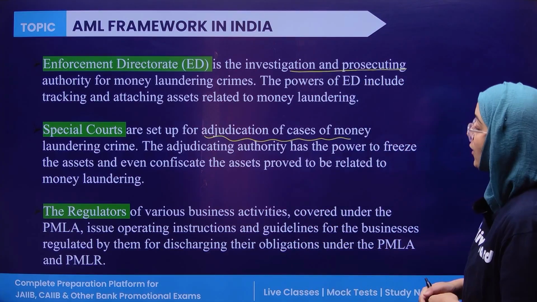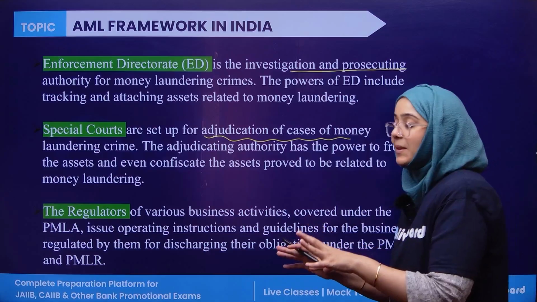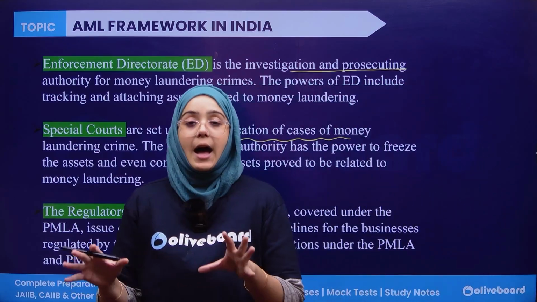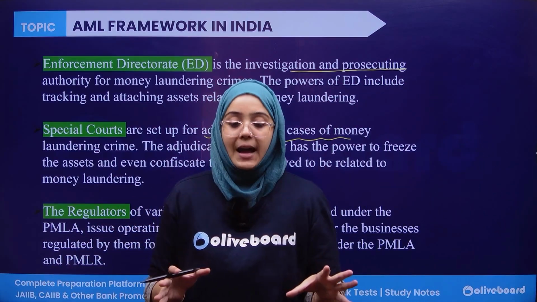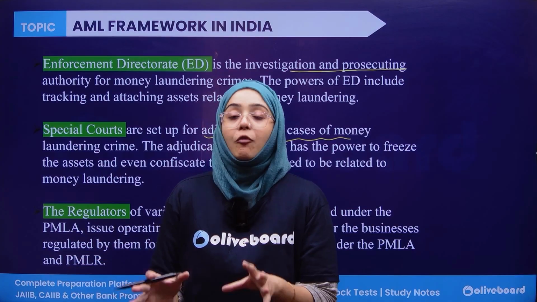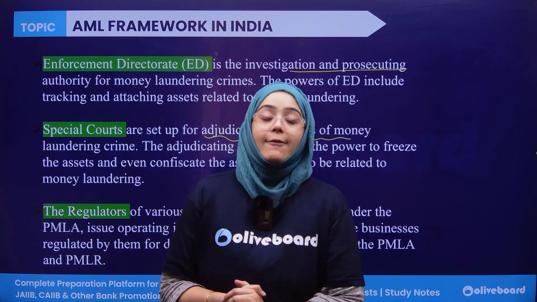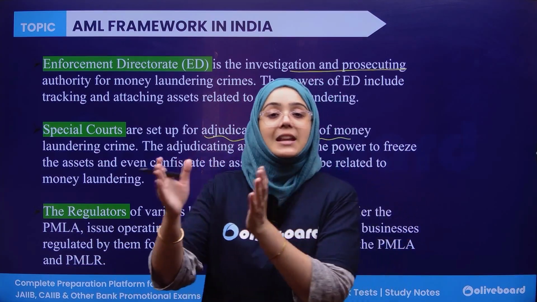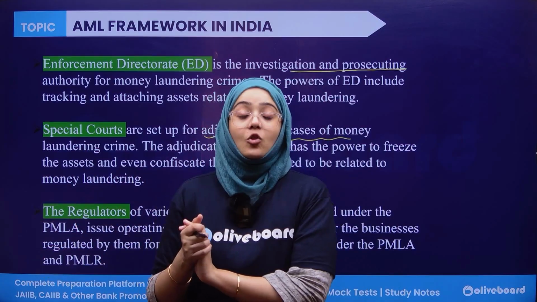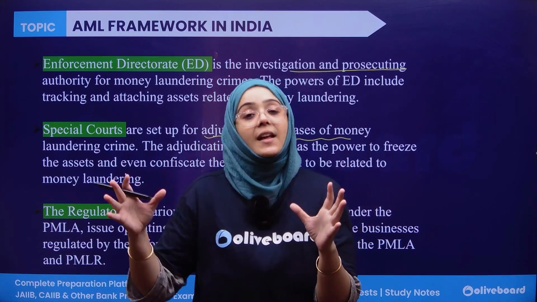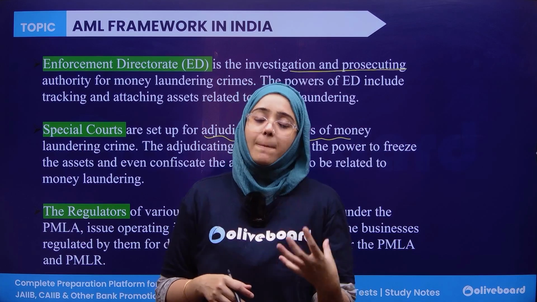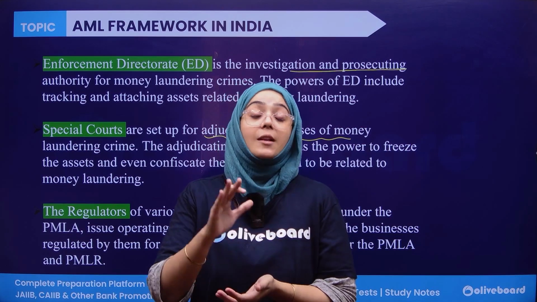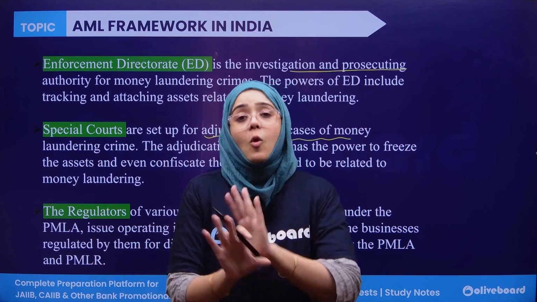And lastly, there are the regulators. Various business activities are called by the Enforcement Directorate and special courts for clarification, because if they have doubt about companies A, B, C, D and E, it is not necessary that all the companies are culprits. There are some companies who are culprits, and some who are not.